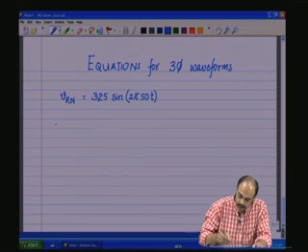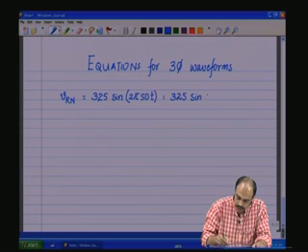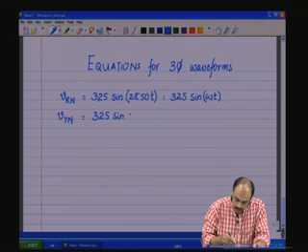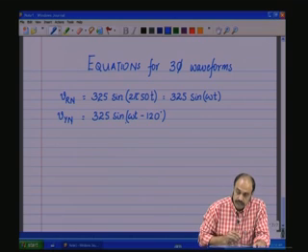Okay. This is nothing but 325 sine omega t. It is understood that omega represents 50 hertz in radians, the radian frequency. Now, VYN is 325 sine omega t minus 120 degrees, that is, it is lagging the R phase by 120 degrees.